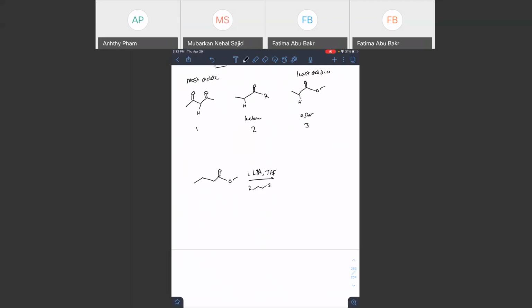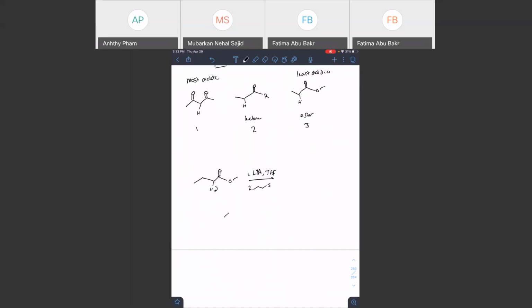All that LDA does is it's basically going to remove an alpha hydrogen, and the resulting carbanion can then attack your substituting group, right? So this will come off somehow.